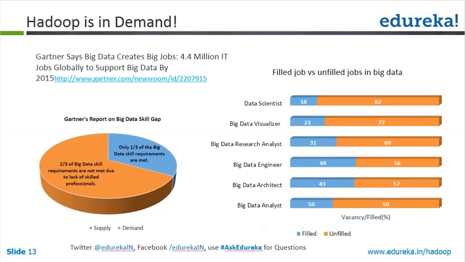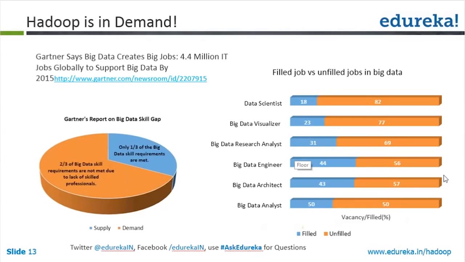Okay, so this is how Hadoop is in demand, right? You can see here the different kinds of roles we have in the Hadoop world. We have roles like data scientist, big data visualizer, data analyst, architect, engineer, and big data research analyst. There is a lot of demand, and you can see on the right-hand side how many vacancies we have in percentage and how many have been filled.